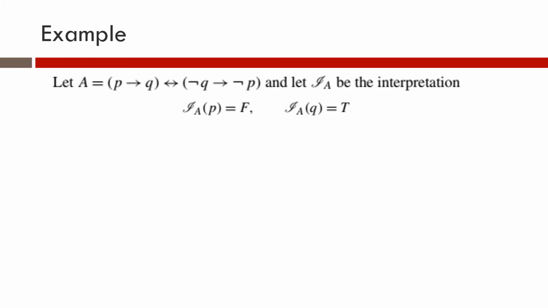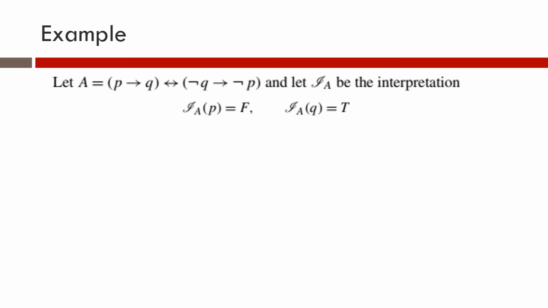Negation P, the value will be true. So what is the value of negation Q implies negation P? We have negation Q, the value is false. Negation P, the value is true. So false implies true will be true, right? So P implies Q has a truth value true. Negation Q implies negation P also has a truth value true.